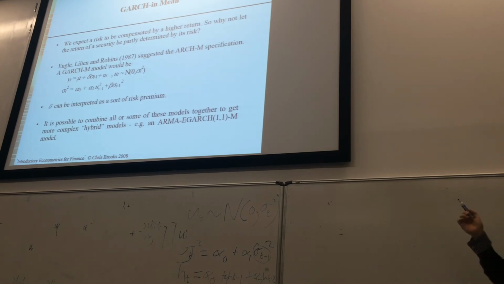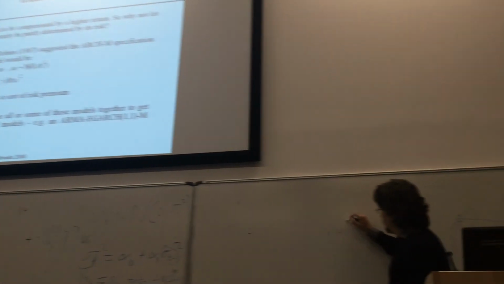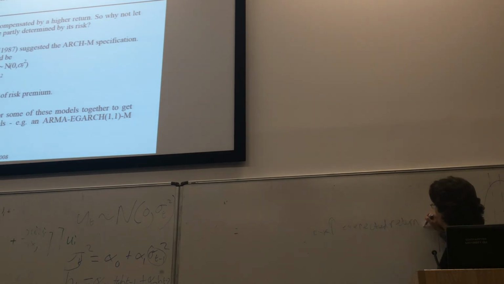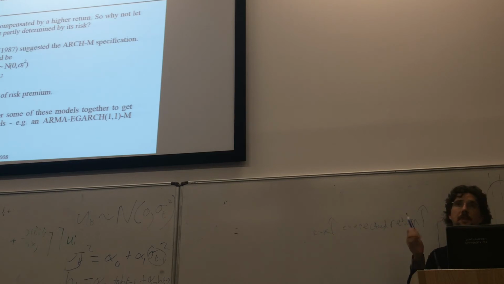If the risk goes up, the expected return goes up. Okay, so if the volatility of an investment goes up, people will demand a higher return to hold that investment.